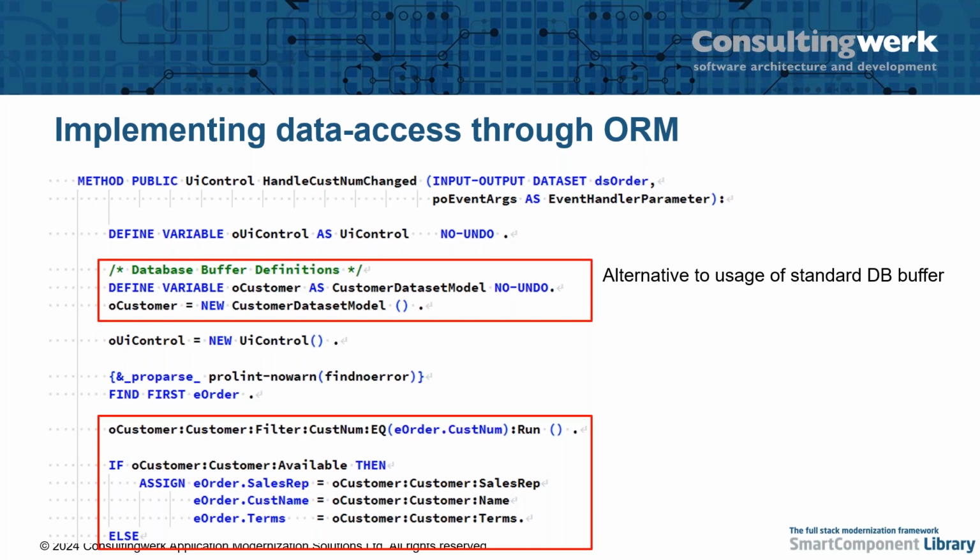A dataset model is our object relational mapper, and then the find statement with a filter instruction to that dataset model in the bottom there, and then when it's available. And now we have abstracted the trigger code both from the UI and from the database. That gives us the biggest flexibility for dealing with that.